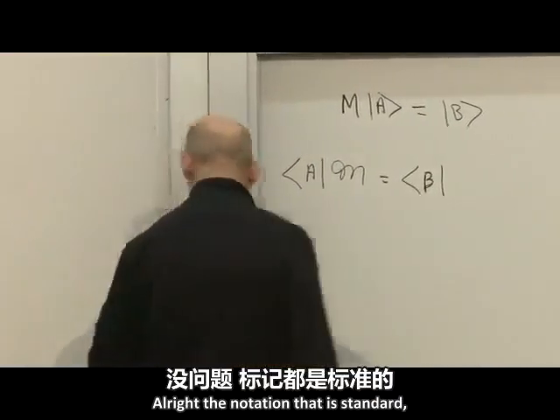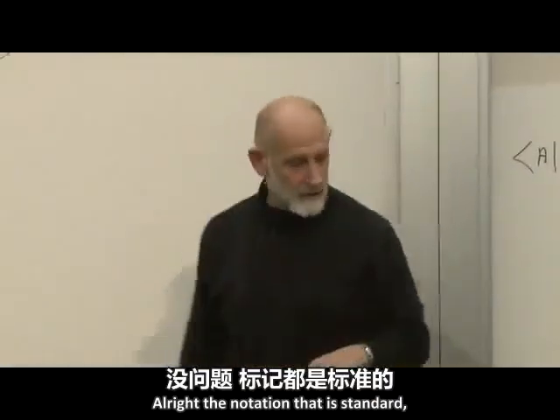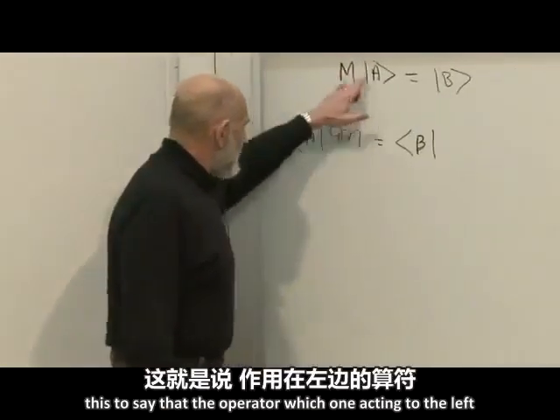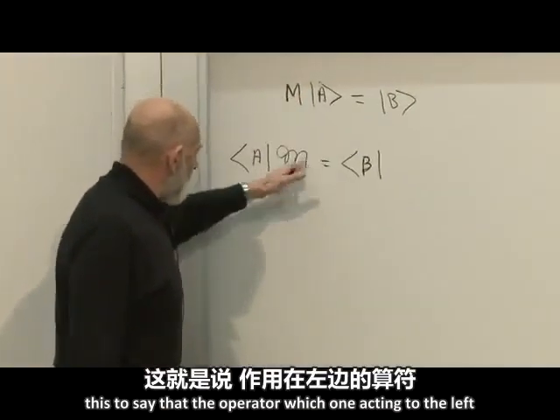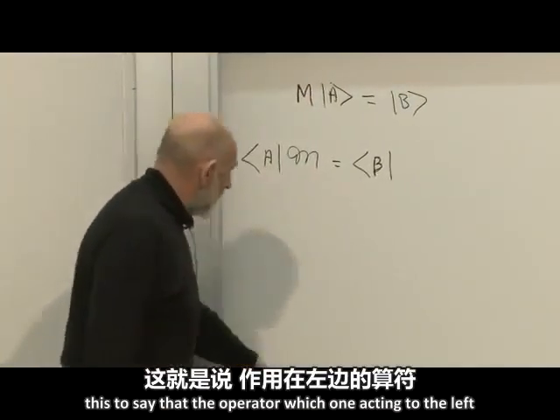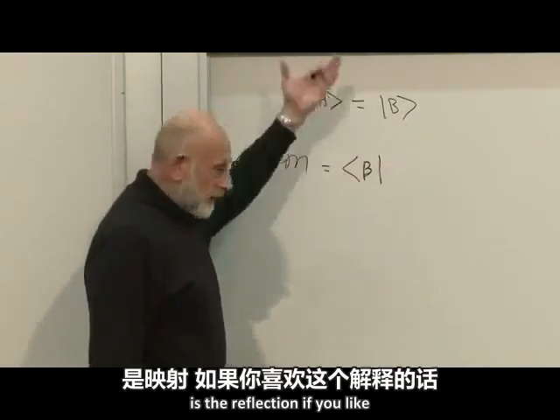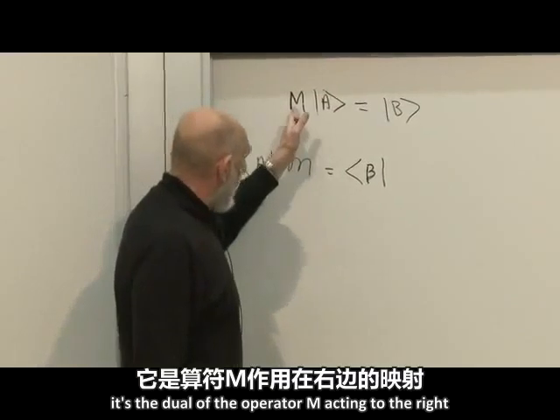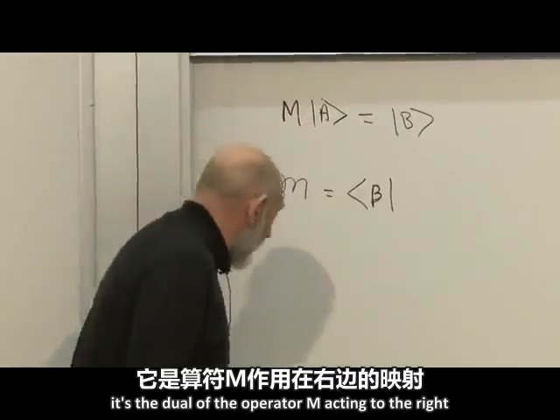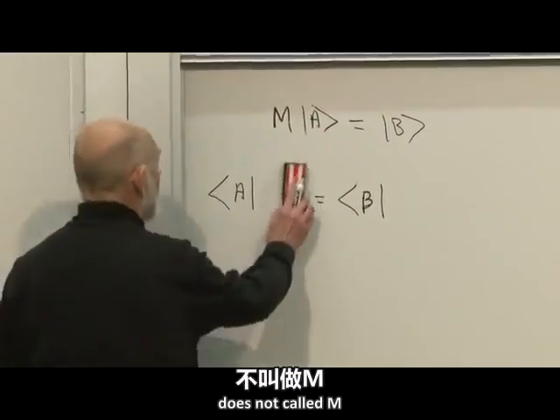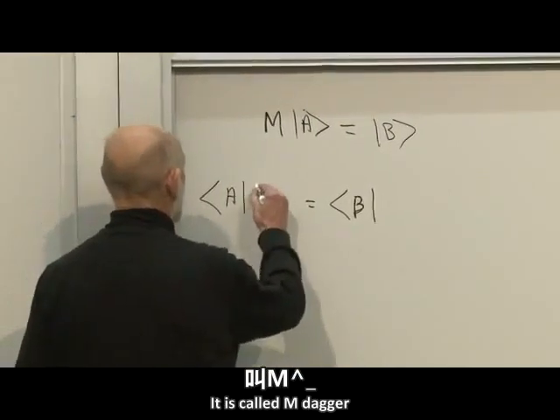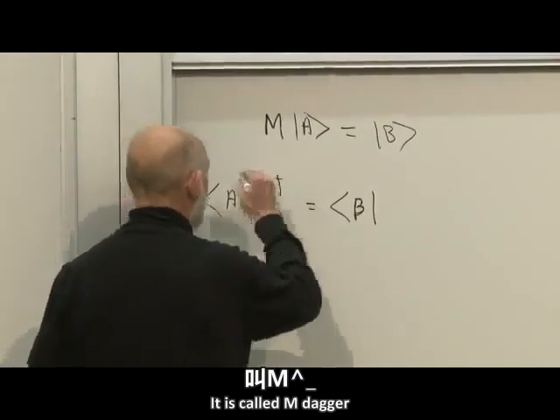All right, the notation that is standard is to say that the operator which, when acting to the left, is the reflection, if you like, the dual of the operator M acting to the right, is not called M. It is called M dagger.